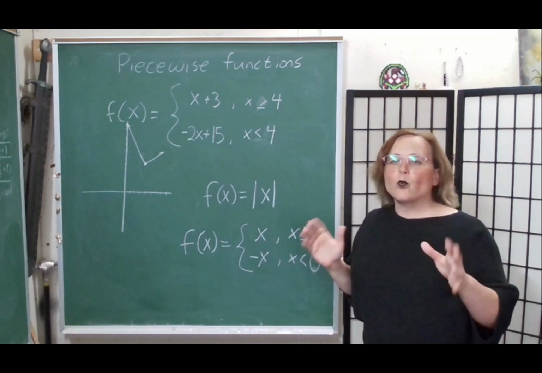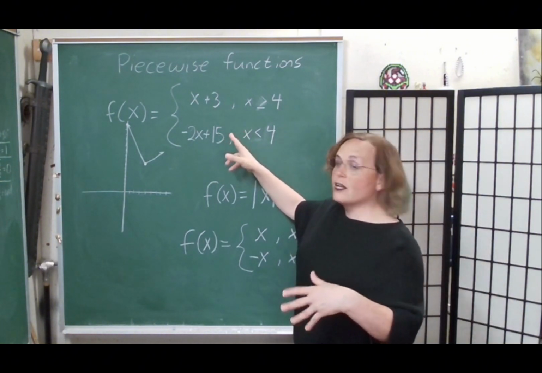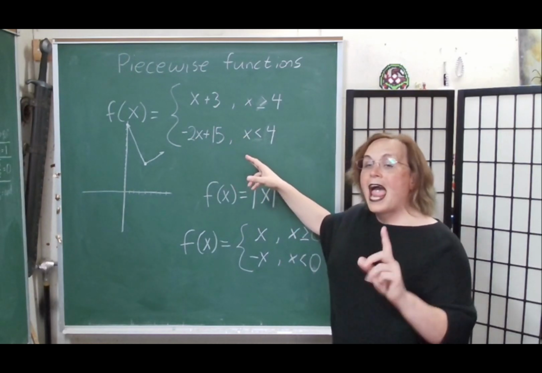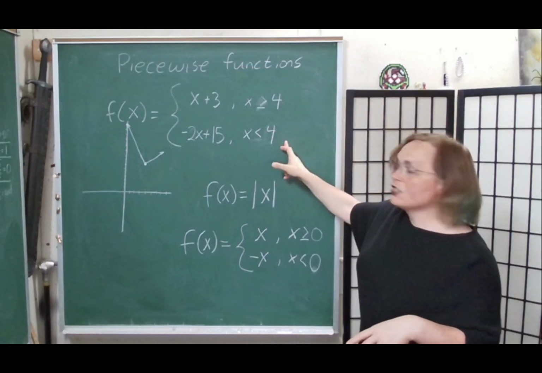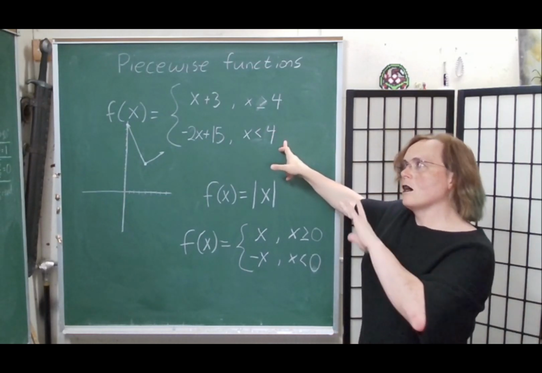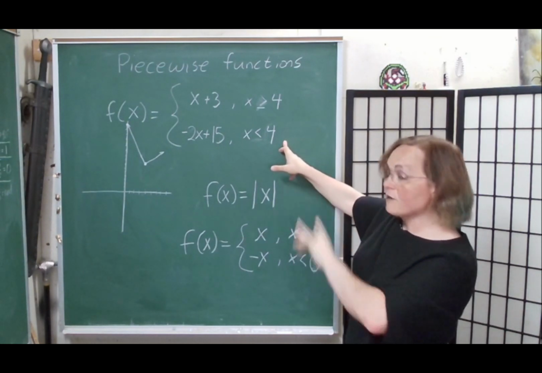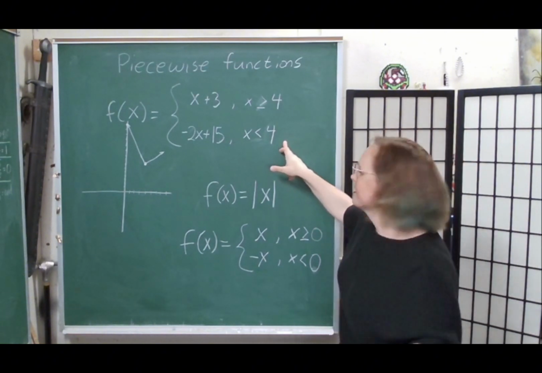The important rule here is that each of the parts that are defining the original function have to be functions, and that the domain of the functions that are defining the piecewise function cannot overlap. I was trying to figure out the exact way to say that.